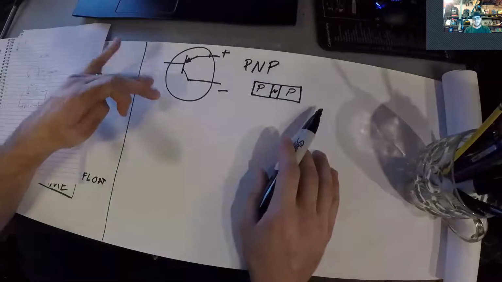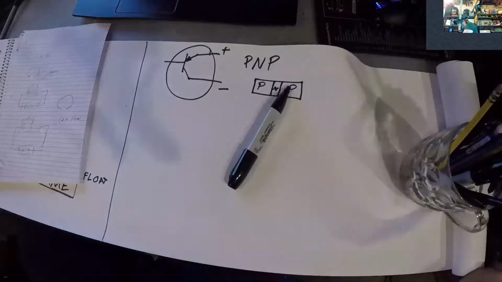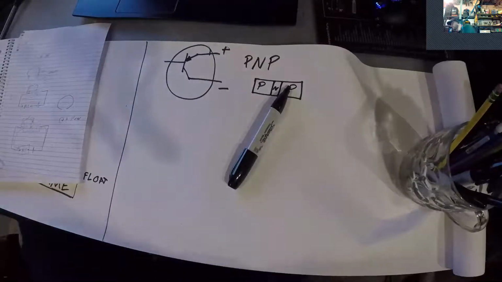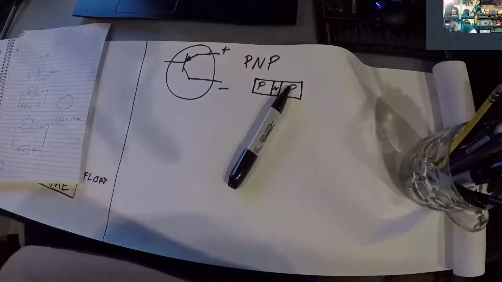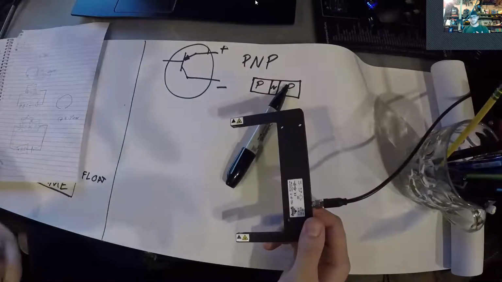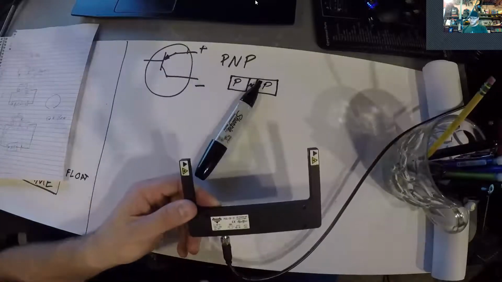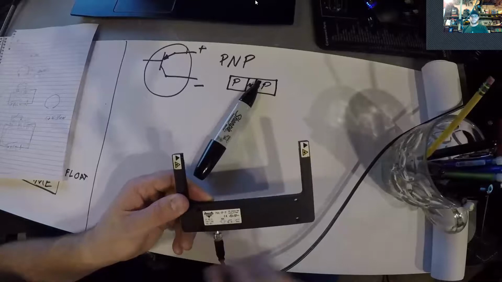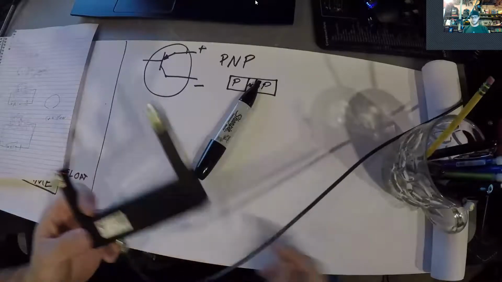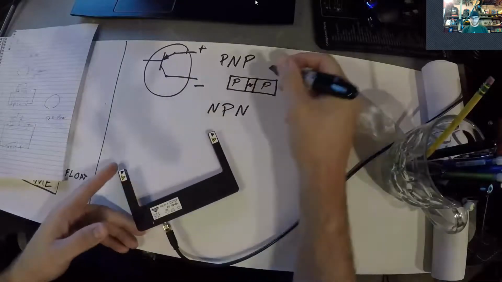This is the important physics side of how this works. Basically, when you have a field sensor device like this fork sensor, one of the things you have to take into account when wiring it up is that it has a transistor inside of it that's either PNP or alternatively NPN.